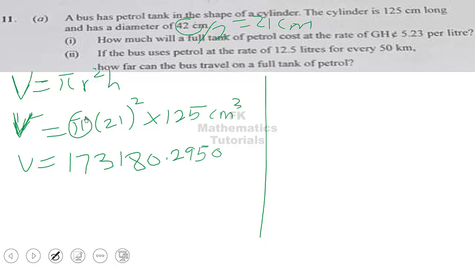Now this is cubic centimeters. So we convert this one to liters by dividing by 1000. So that will be, we move the decimal point backwards 3 times.